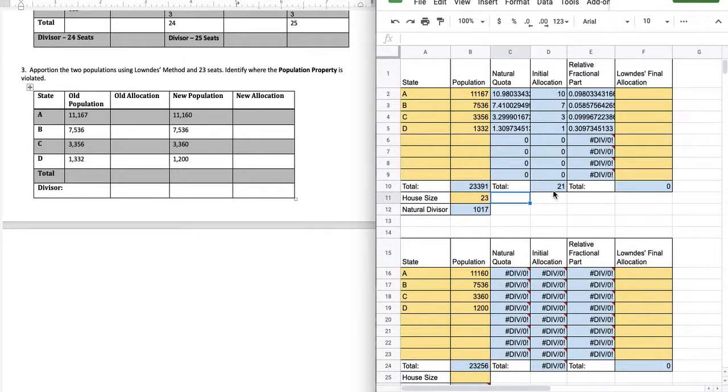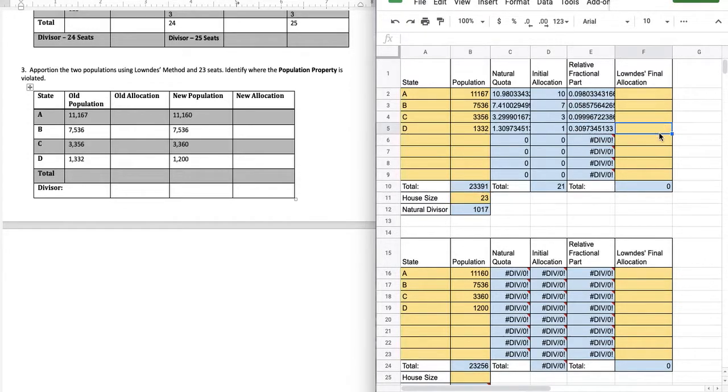We have our initial allocation is 21 for Lowndes. Now Lowndes was the relative fractional part. Round down, determine the relative fractional part. We have 21, we need 23, so we need 2 more. So we look at the largest relative fractional parts. We have nobody at 0 at the start. 0.3, 0.09, 0.05, 0.09.